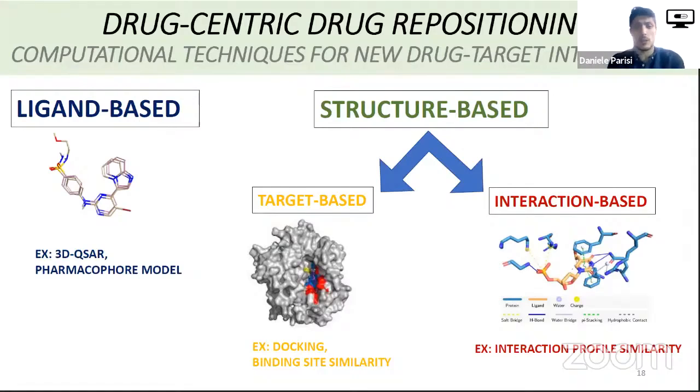And the second category of techniques is the interaction-based.